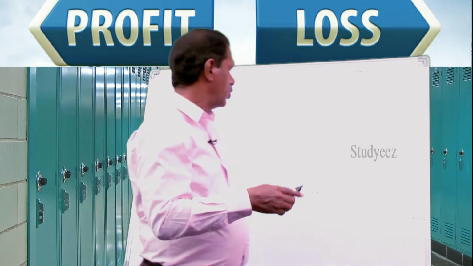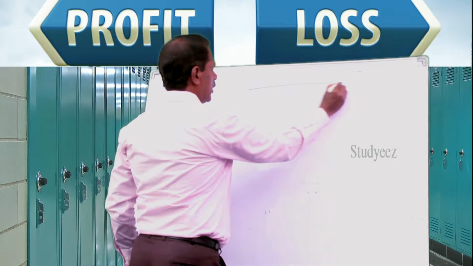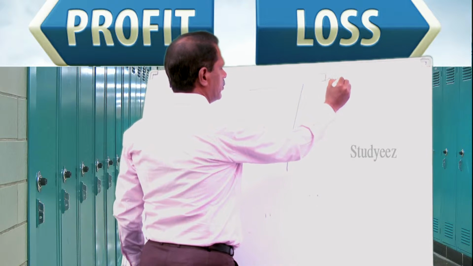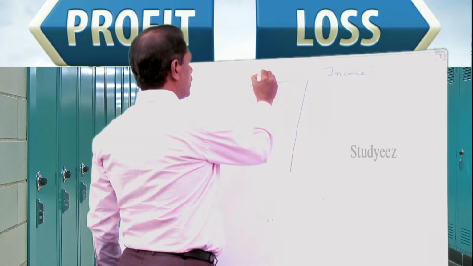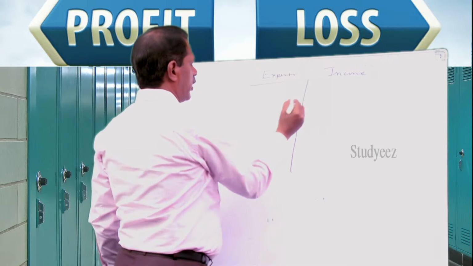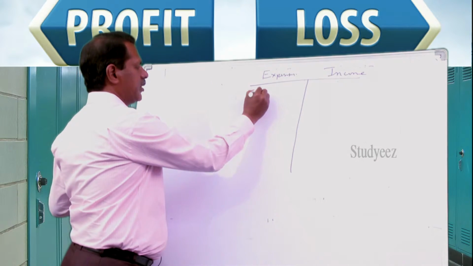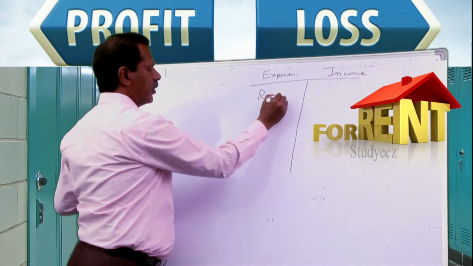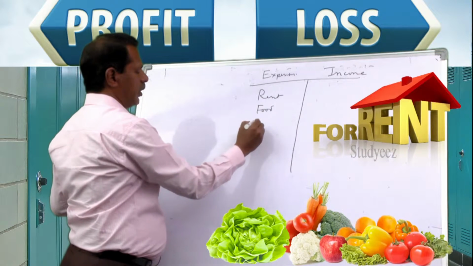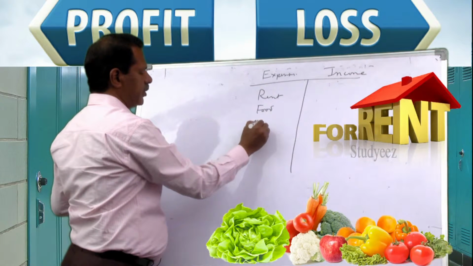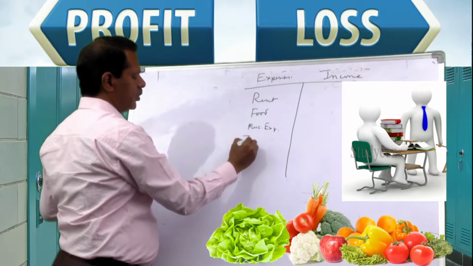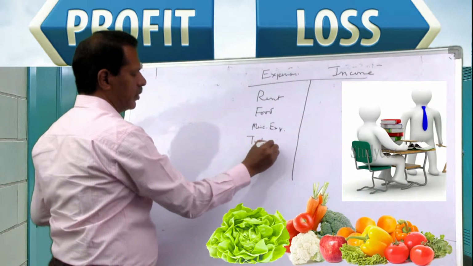So to put it on the whiteboard, let us just say we can again draw a T chart. Here we can call it as an income, and here we can call it as expenses. Okay. So expenses, what are your expenses? Monthly expenses, you got to pay rent, then you got to pay for your food charges. Then you have some other miscellaneous expenses. Then you got to pay your tuition fees for your children, so on and so forth.